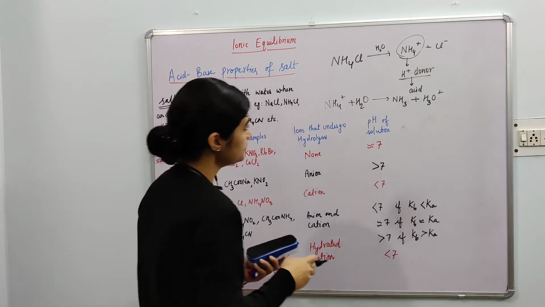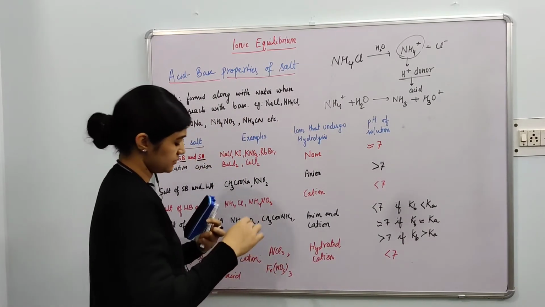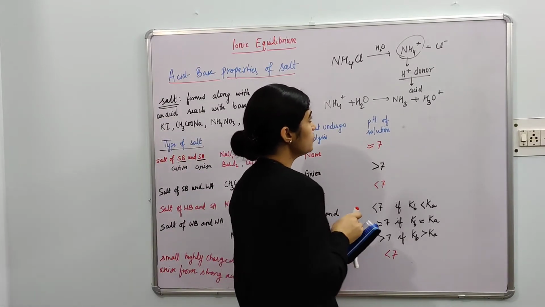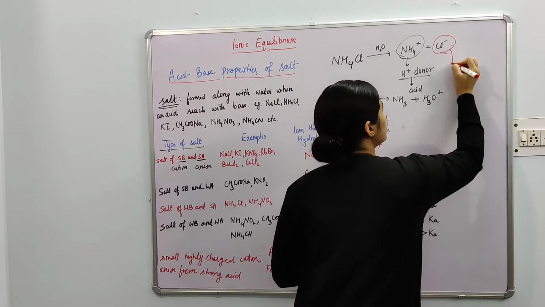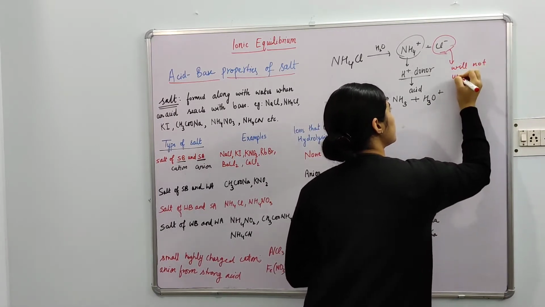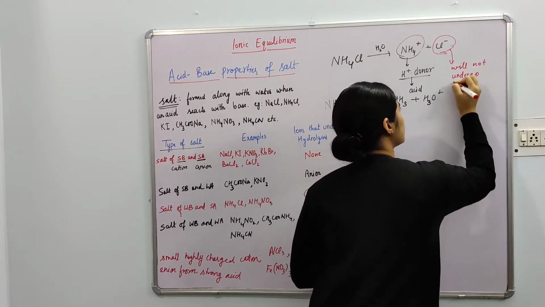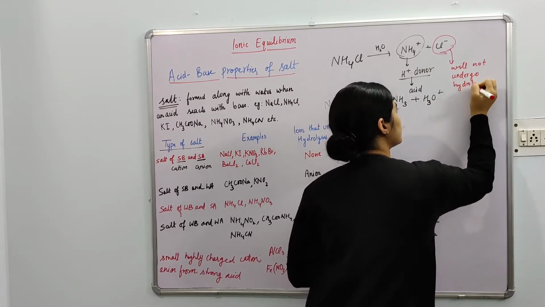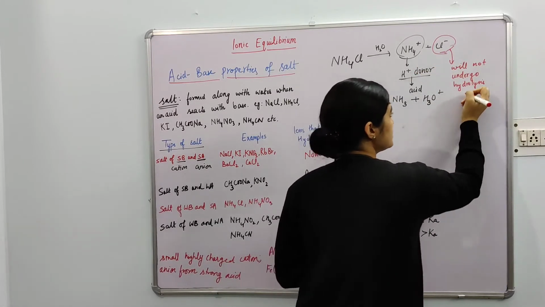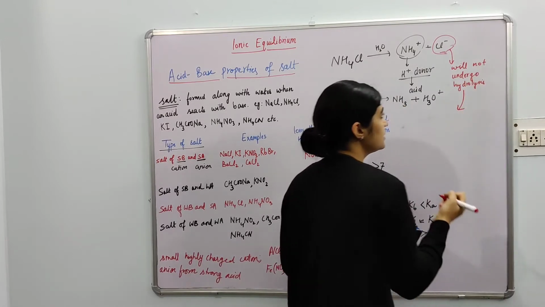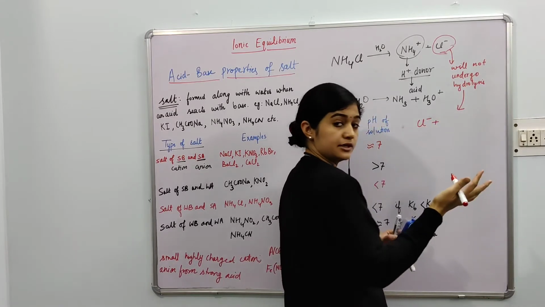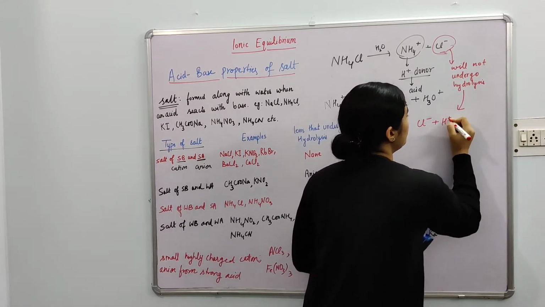So this will undergo hydrolysis, but if you see the example of Cl negative, this will not undergo hydrolysis. This is a proton acceptor. Let's see why it will not undergo hydrolysis in aqueous solution. For example, let's suppose it accepts the proton, what will it form?